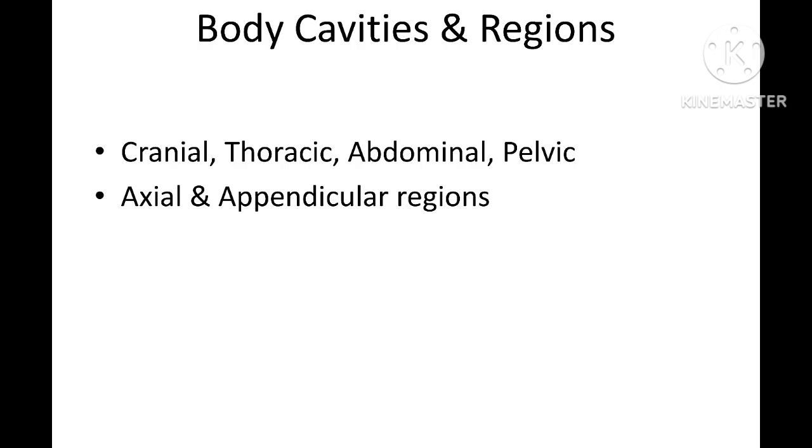Example, appendix pain is usually in the right lower quadrant. Nine regions of our body: right hypochondriac, epigastric, left hypochondriac, right lumbar, umbilical, left lumbar, right iliac, hypogastric and left iliac. Example, umbilical region is around the belly button.